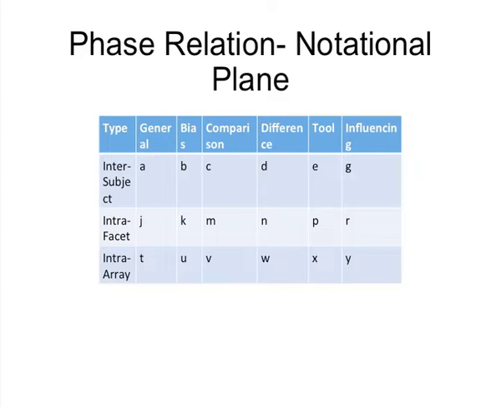So, mind you, we are talking of the intra-facet relation. I will give you some examples, just hold on. Similarly, if it is intra-array, meaning between two isolates of the same array, it has to be in the same order: general, bias, comparison, difference, influence, it has to be small t, small u, small v, small w, x and y. So, this is how they are there.